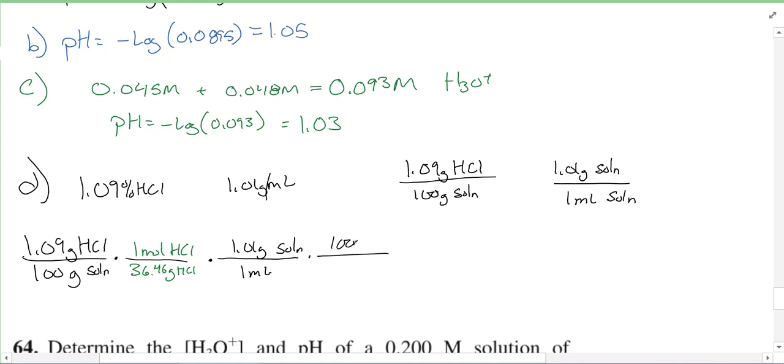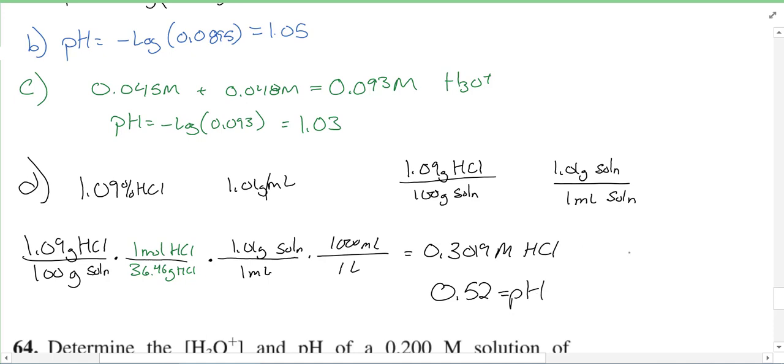And we know that there's 1,000 milliliters in 1 liter. So I take my 1.09, I got to divide it by 100. I divide it by 36.46. I have to times it by 1.01 and times it by 1,000. If we do all that, I get 0.3019. And if we do the negative log of that answer, I get 0.52.